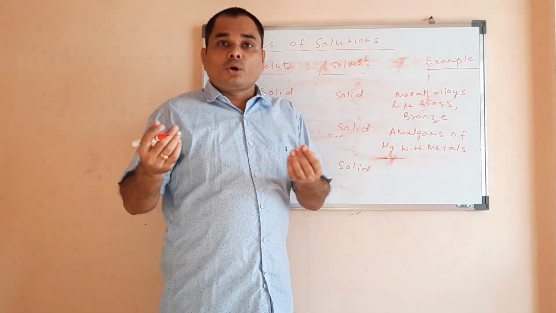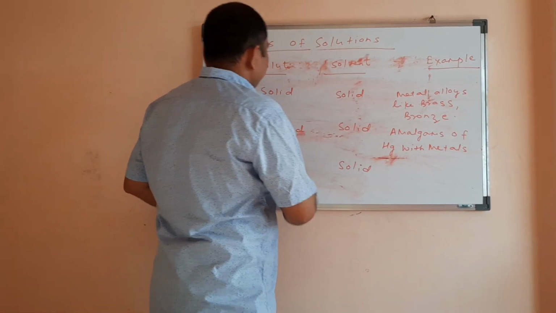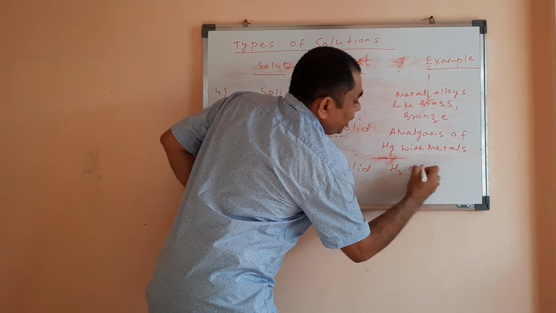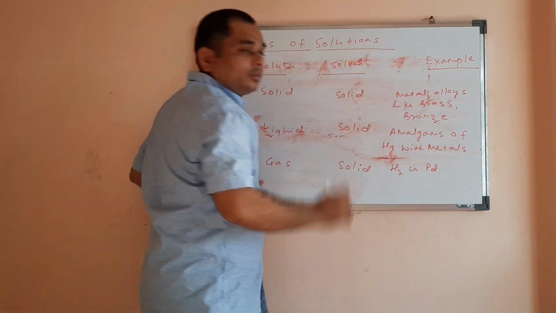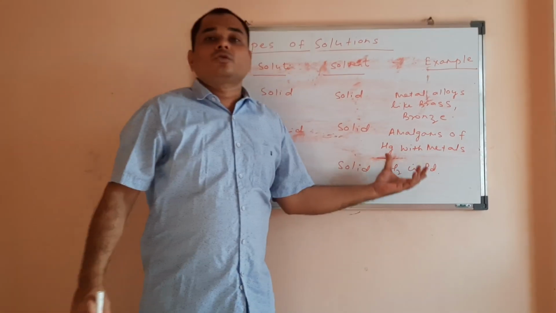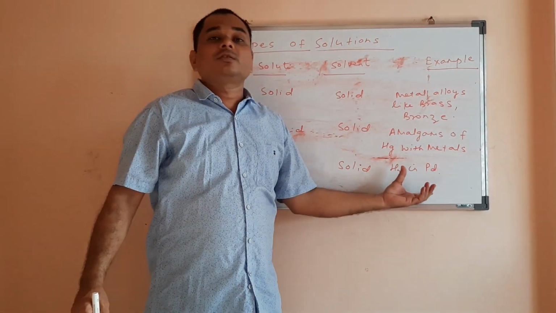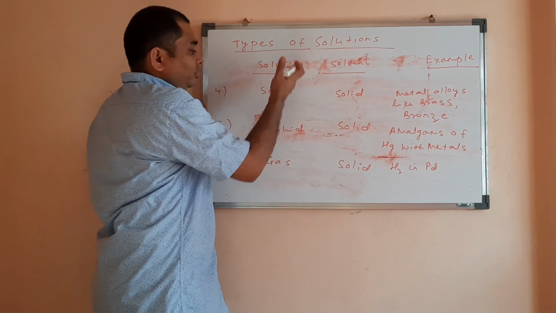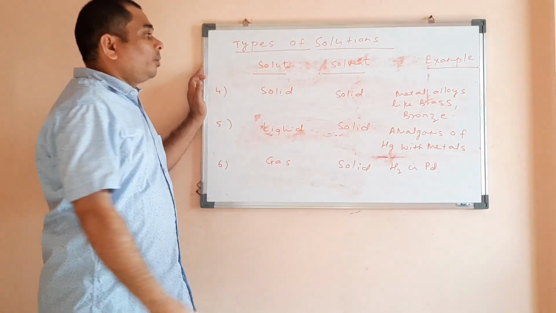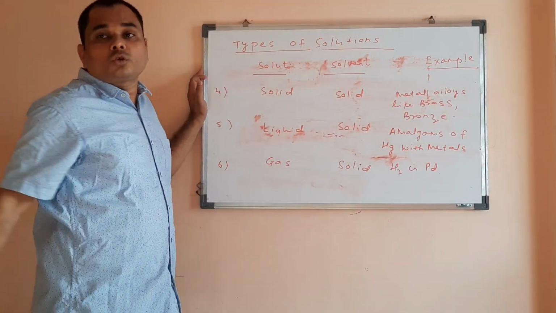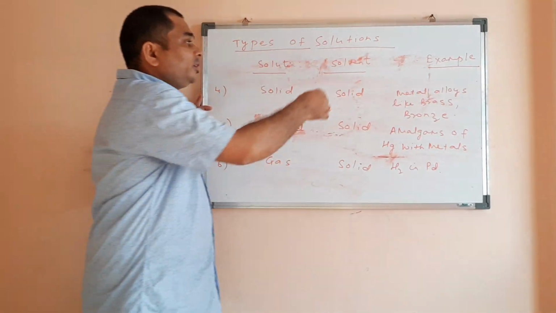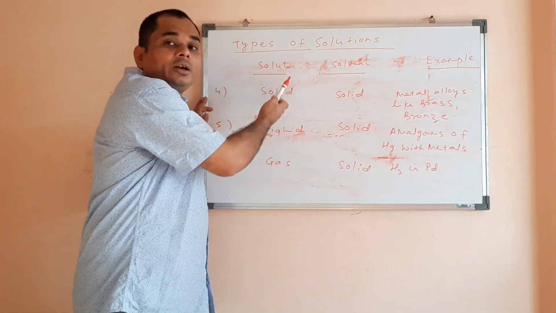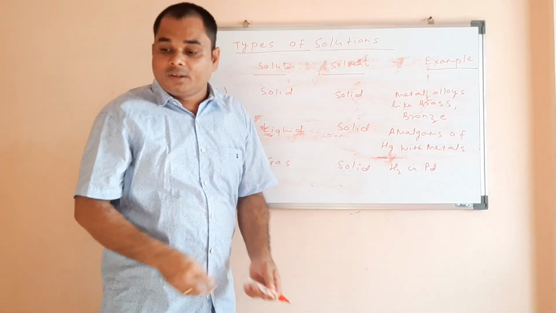This is present in powdered form, and gas is the solute, say a gas like hydrogen in palladium. These types of solutions are encountered in catalytic reactions. So these are three more types of solutions based on different states of solutes and solvents. In this, the solvent is solid, whereas the solute can be solid, liquid or gas.